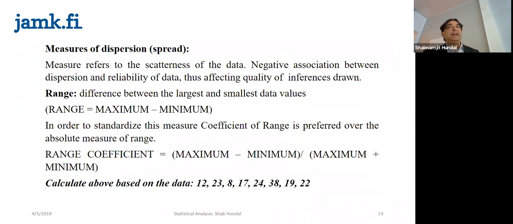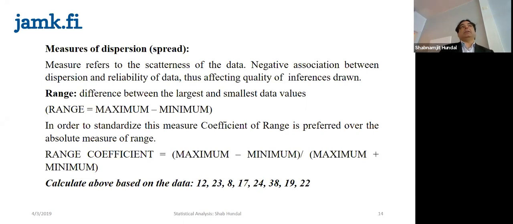Dispersion measures exactly how scattered the data is. Not the reliability of the measure, but the reliability of the data. Is the data reliable? Like in the other example, I told you that I organize an exam every day, same students, same course, same teacher, same nature of questions, but the performance varies.